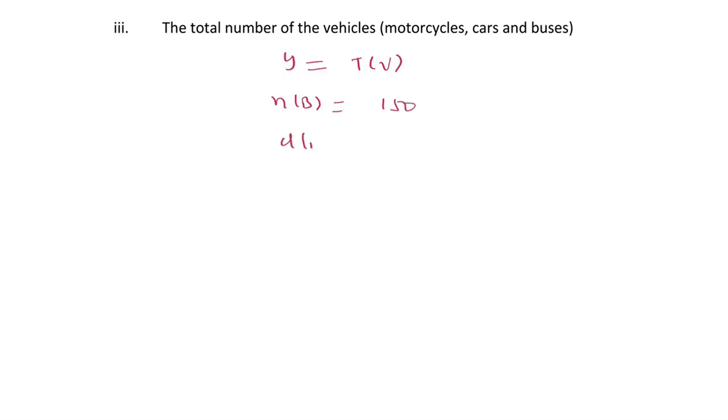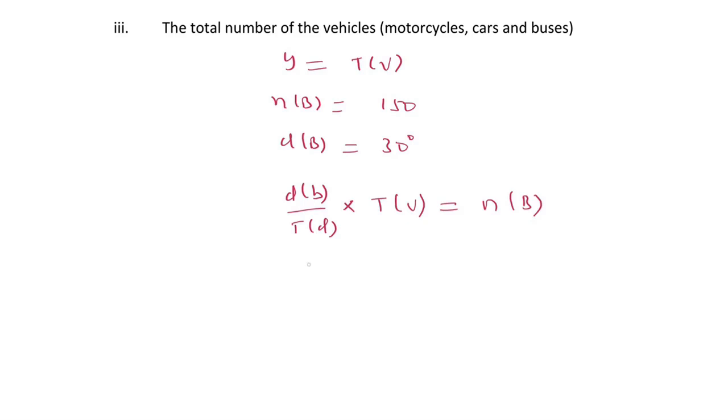Degree of the buses equals 30 degrees. Now we have to recall this: degree for buses over sum of the degrees in a circle times total number of vehicles equals number of buses.